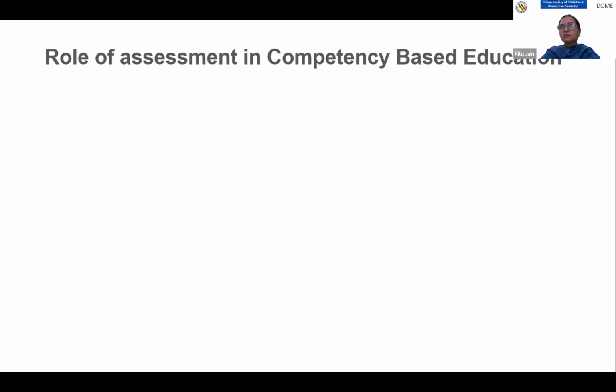Time bound. Any other thoughts? Evaluation criteria based on formative assessments over the duration of the course, yes.